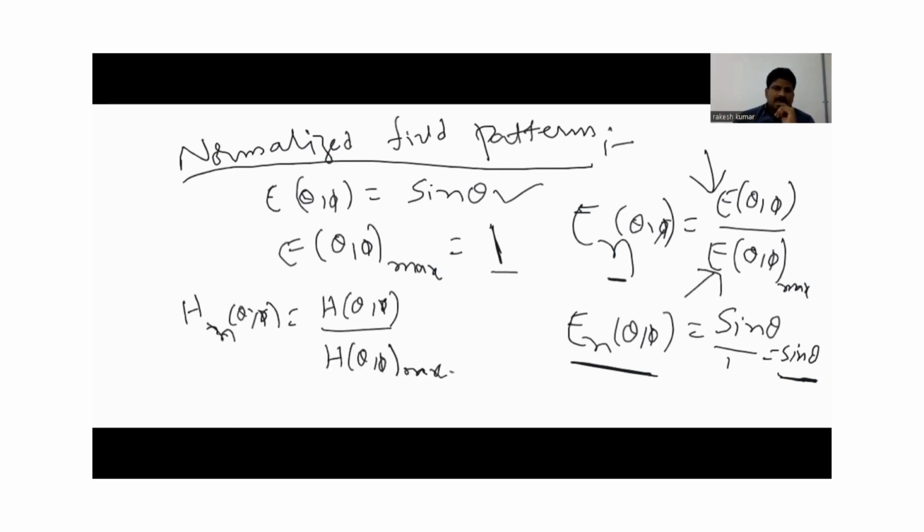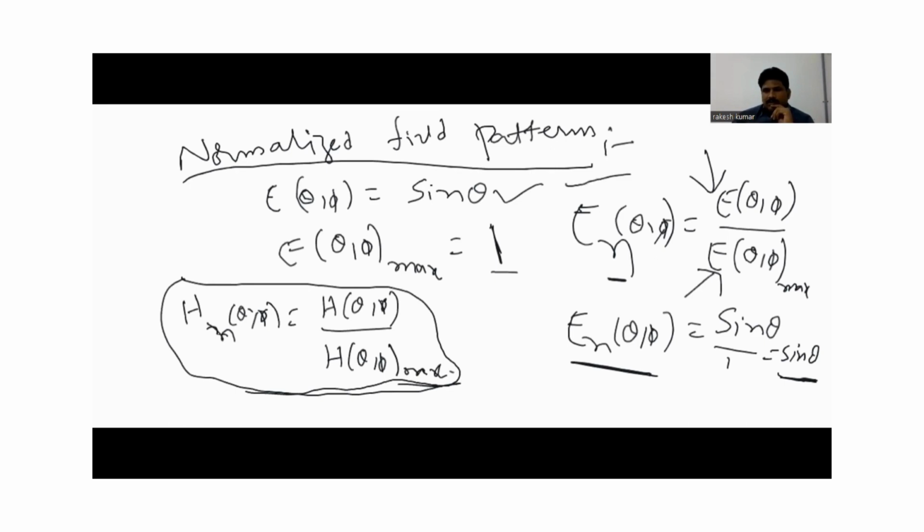This is the formula if the field pattern is expressed in terms of magnetic field, and the earlier one is for electric field. So this is regarding field patterns.